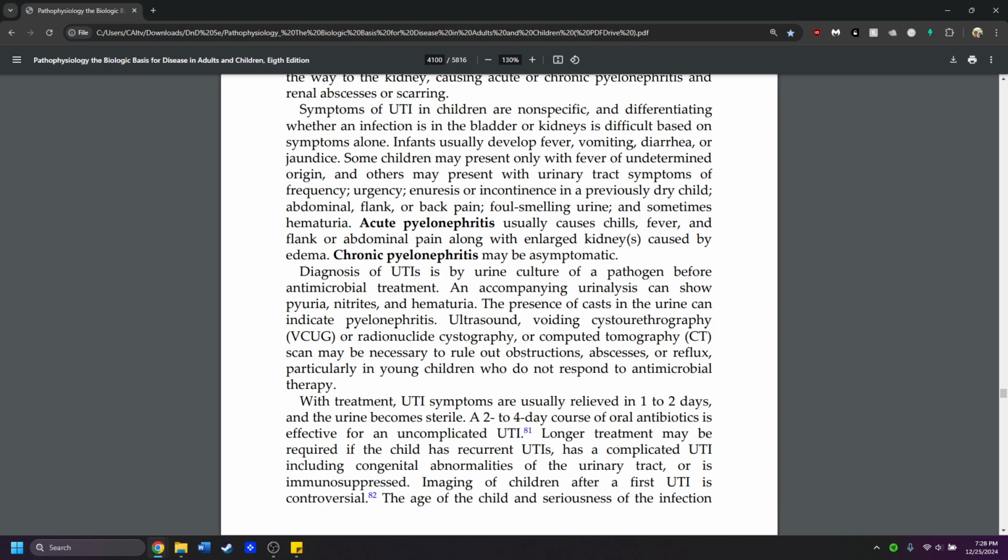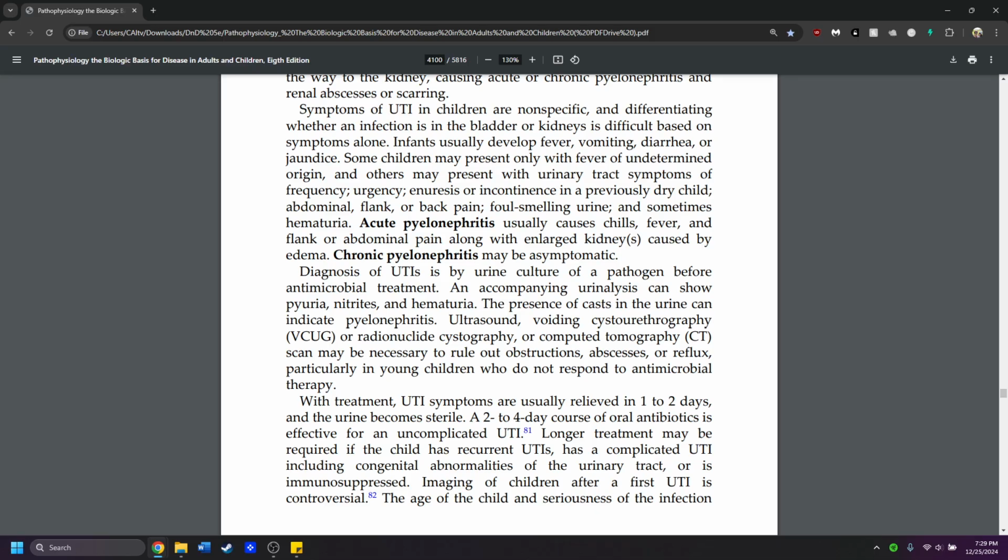Symptoms of UTI in children are nonspecific, and differentiating whether an infection is in the bladder or kidneys is difficult based on symptoms alone. Infants usually develop fever, vomiting, diarrhea, or jaundice.